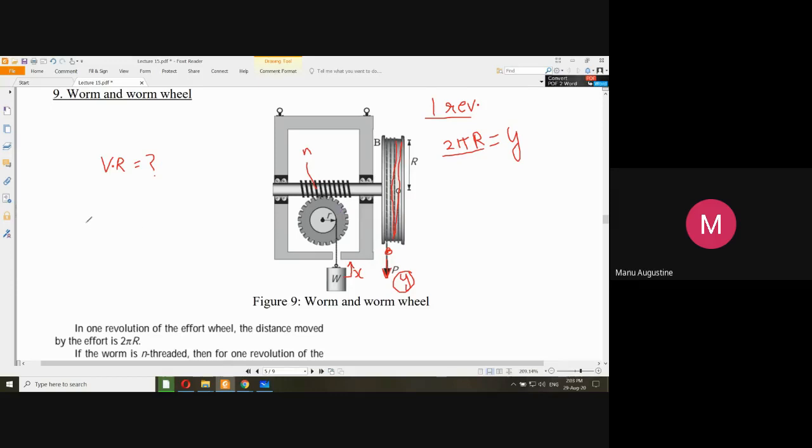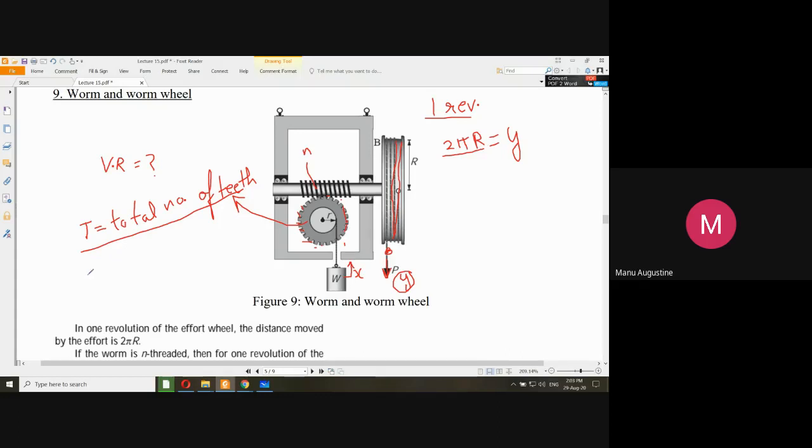Now let us say that capital T is the total number of teeth on the worm wheel. You count all these teeth, 1, 2, 3, 4, 5, 6. So the total number of teeth on the worm wheel is capital T. Let us say that.